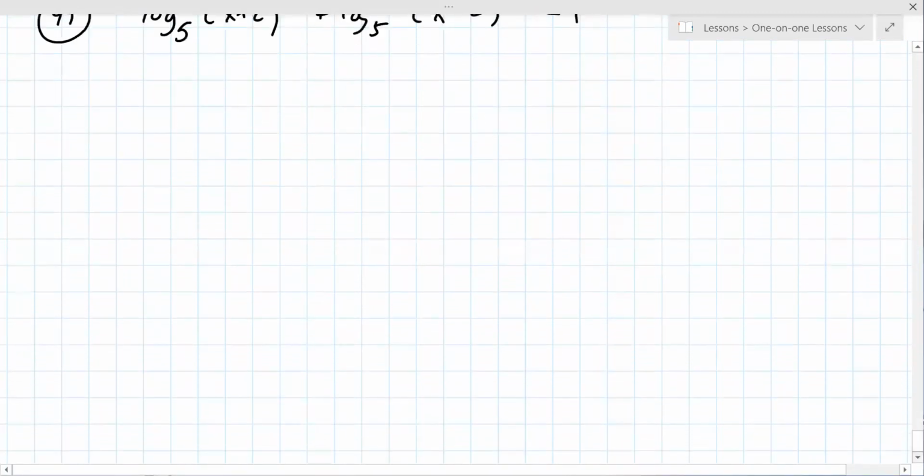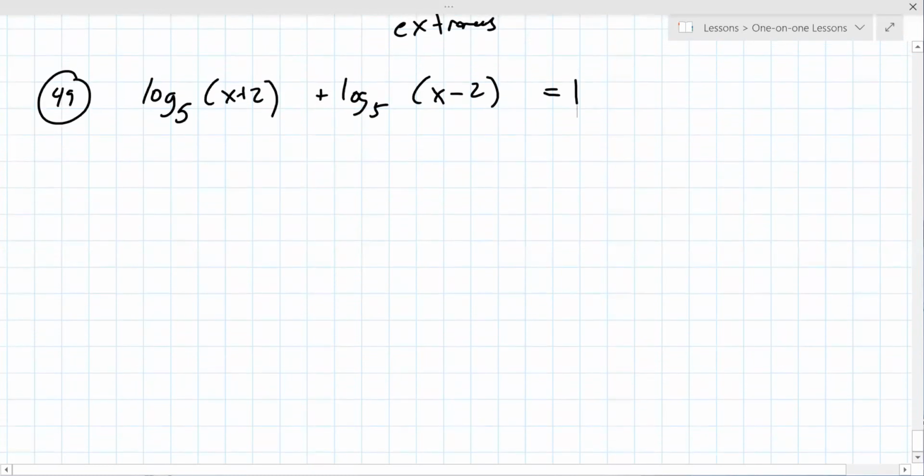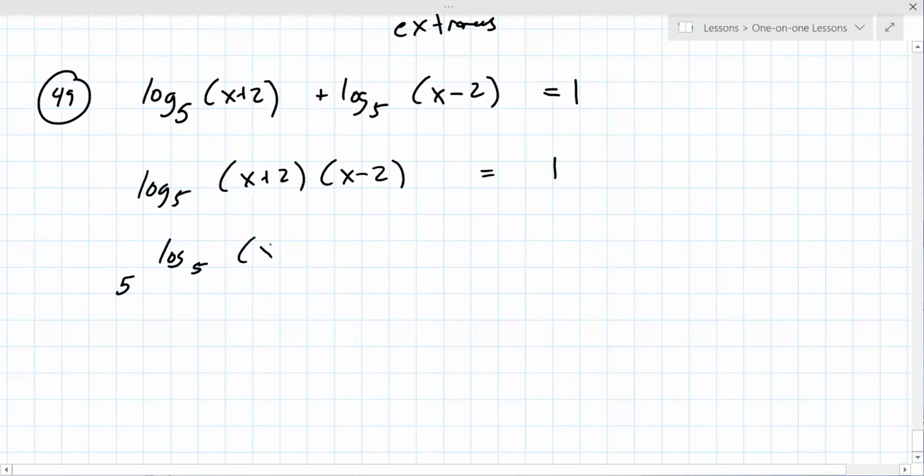All right, so this is log base 5 x plus 2 times x minus 2 equals 1. This turns to x squared minus 4. It does. So we get x squared minus 4 equals 5. X squared minus 9 equals 0.